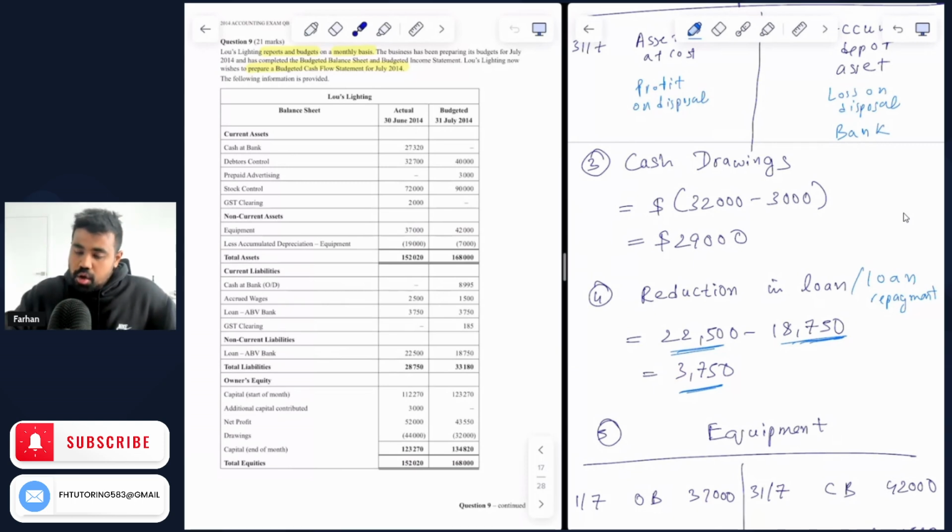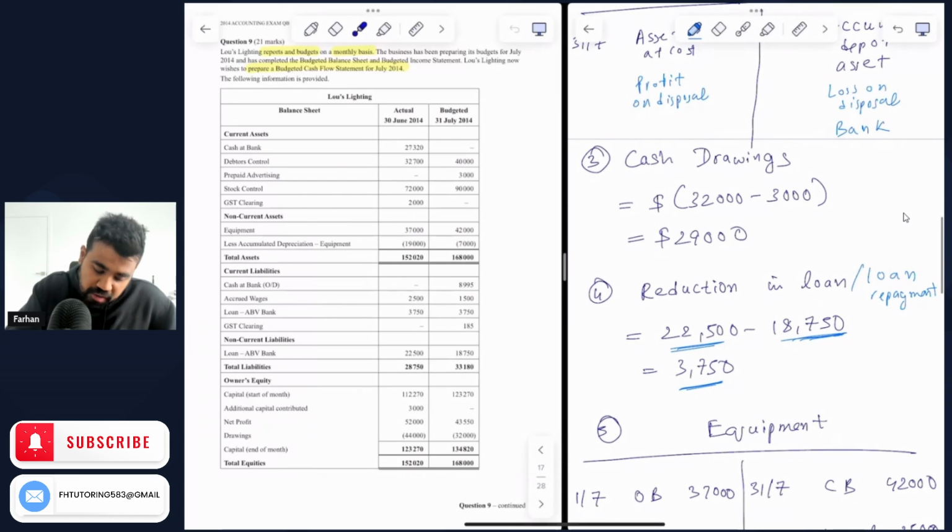Okay. We also understand that the question mentions that the loan is paid once every year on 14 July. So every year once the loan is repaid. And that is why when you check the current liabilities, you will see that at end of 30 June, we have 3,750, which is a liability referring to the loan that we would be paying on 14 July. Next year, 14 July 2015, we'll be paying 3,750 again.